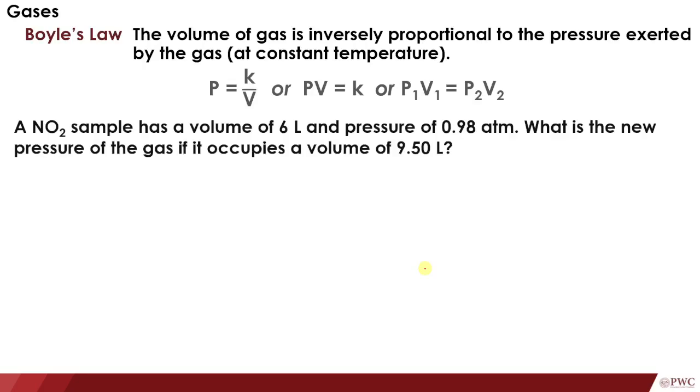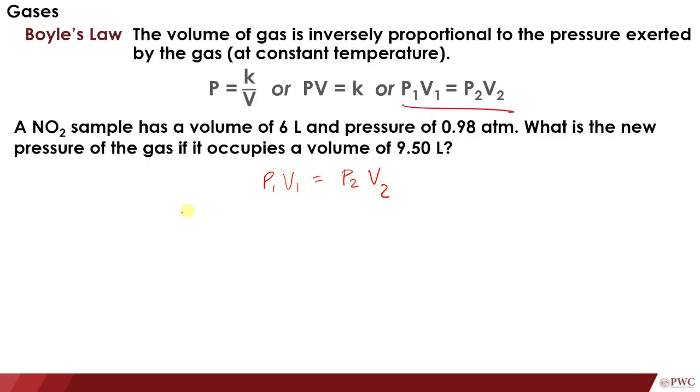Let's proceed to this example. A sample of NO2 has a volume of 6 liters and a pressure of 0.98 atmospheres. What is the new pressure of the gas if it occupies a volume of 9.50 liters? Again, here we can use this formula, P1 times V1 is equal to P2 times V2.